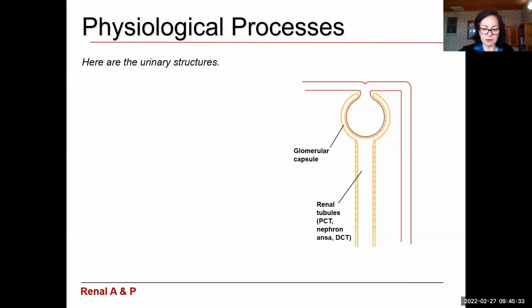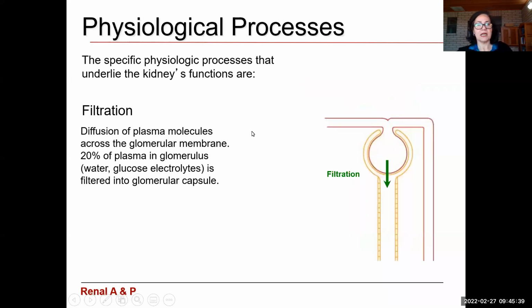Now let's talk about the steps that the fluid goes through. So here are the specific physiological processes that underlie kidney function. This is at the top of page 2 of your lecture notes. So the first step, we've alluded to it: the blood is coming in through the afferent arteriole to the glomerulus, and then some of the fluid is actually going to leave the bloodstream.